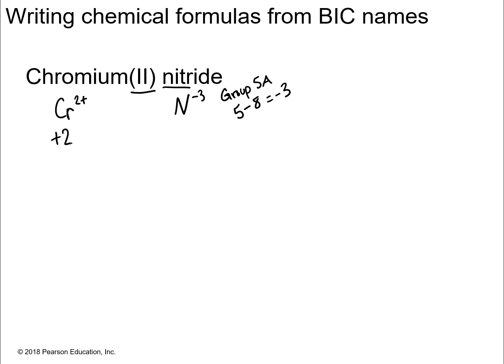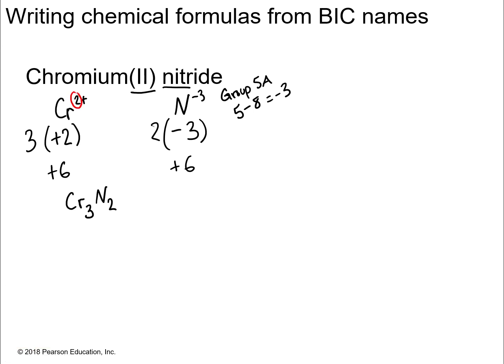So we've got +2 here, -3 here. Very much not equal. Lowest common denominator is 6. So that means we need 3 chromium(II) ions and 2 nitride ions.